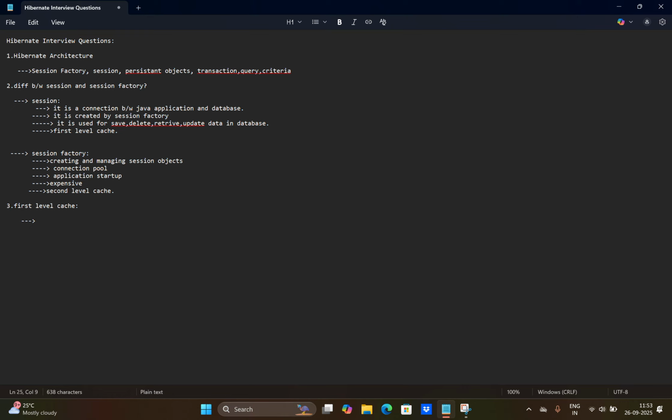It defers SQL updates until the end of the transaction, which ensures efficient and optimized database operations. As soon as we close the session, all data in the first level cache is lost. If we load the same object again, Hibernate will again go to the database to load that object, provided the second level cache is disabled.